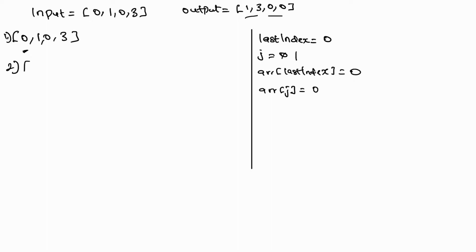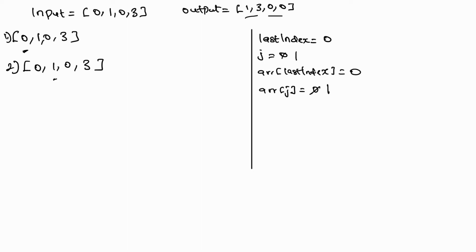So we have our next step, which is 0, 1, 0, and 3. Now j is at 1, which means the array at j is 1. We check if the array at j is not equal to 0. In this case, that is true. So we assign to the array at last index the value of the array at j.